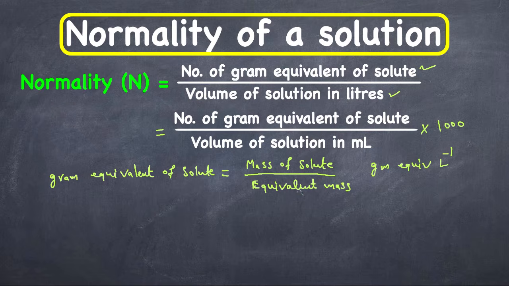So if they gave you mass of a solute and equivalent mass, you can calculate gram equivalent of a solute, which is the numerator of the formula. And we're going to divide it by volume of solution in liters.